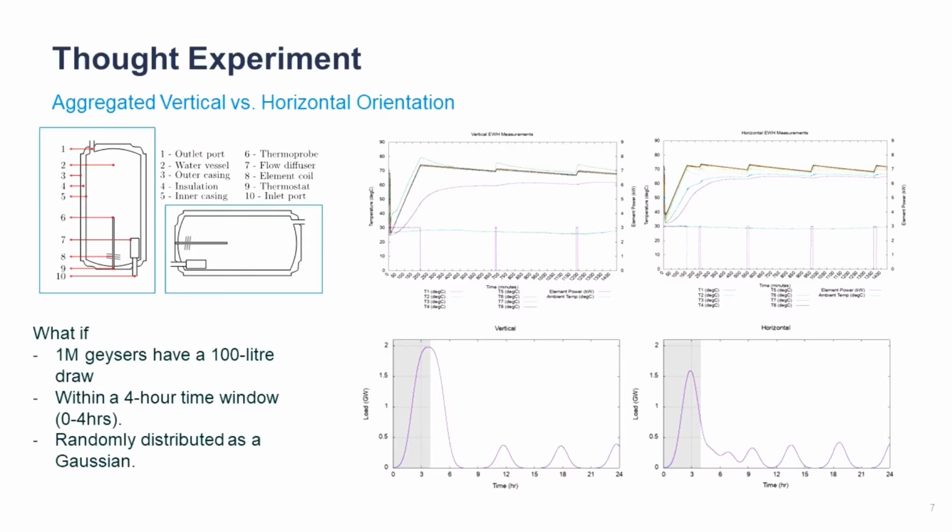If we did that for horizontal, so this is just this element trace being copied a few times with the exact same timings of each of the million geysers, you find that it's a significantly lower demand that comes off the exact same draws, just the different geysers in different orientations.